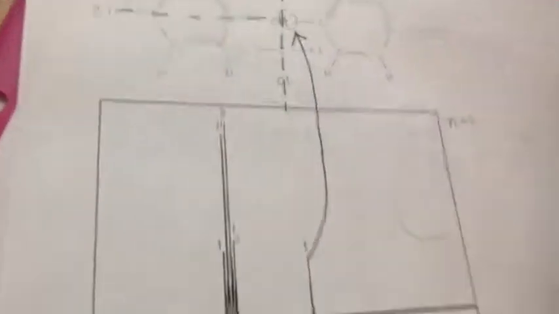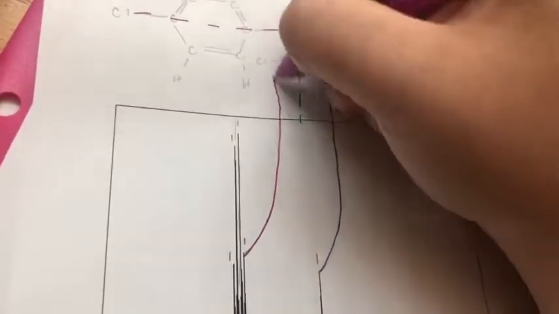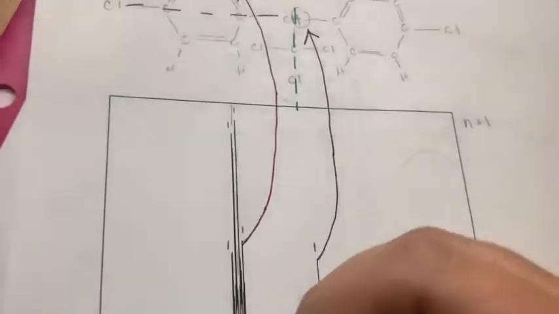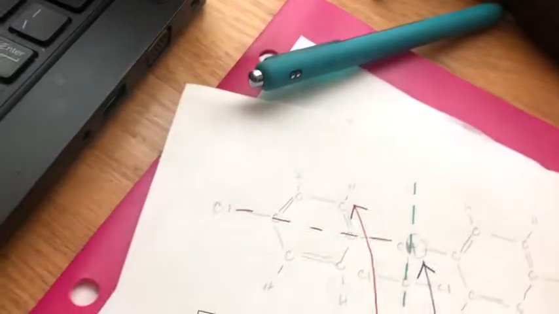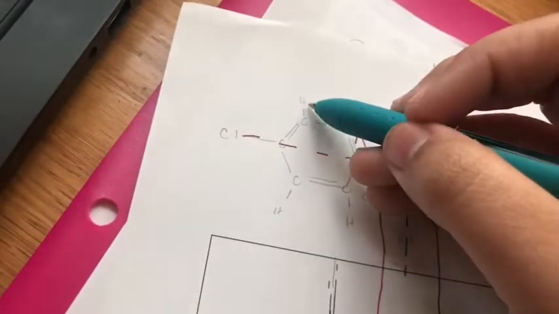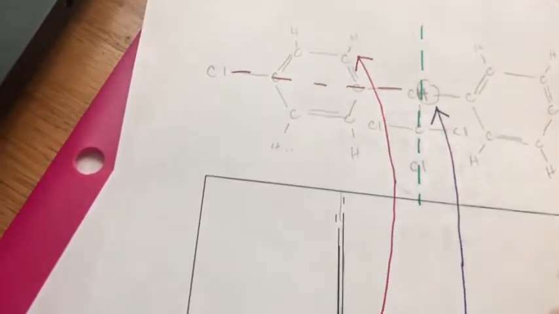So this hydrogen matches up with there. Let's draw the arrow to that one at 7.49. And then that means that this hydrogen right here is this one at 7.34.